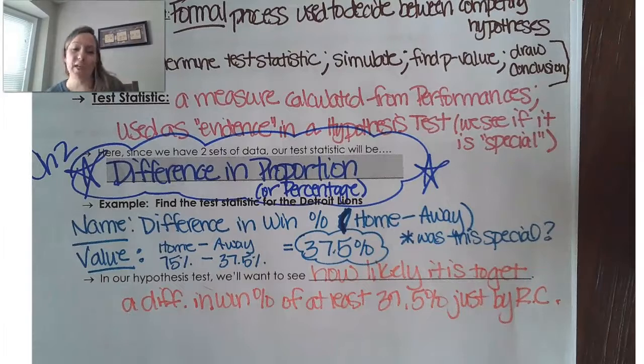And then like we did in chapter 1, if it happens very often in our simulation, we're going to say it's not special. And if it doesn't happen often in our simulation, then that means it was special. We'll do that throughout this chapter. Okay, so that's our goal for today, to write our hypotheses.